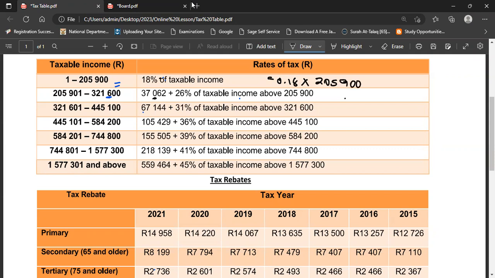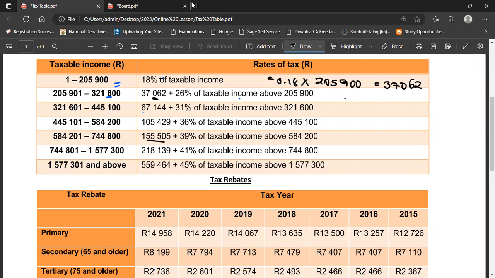One would ask, why aren't we subtracting? We are not subtracting because this equation is different from the other ones. Those have taxable income above, but this one just has taxable income. So we do 0.18 times 205,900 and end up with 37,062. Look at that. That's how we get these values.